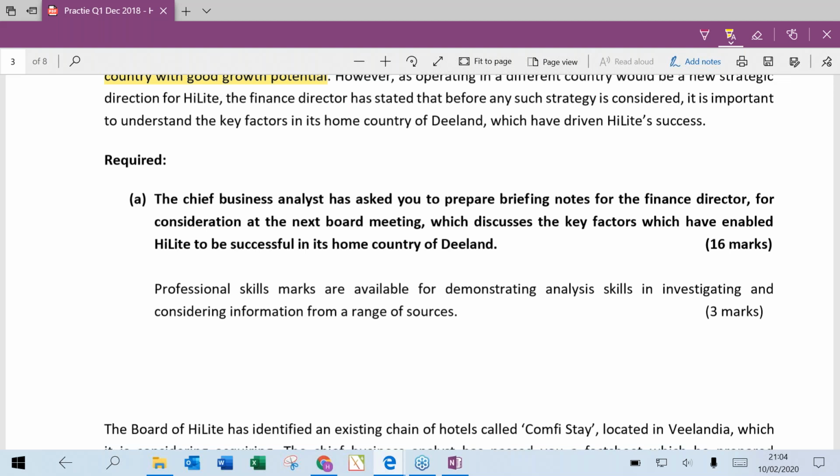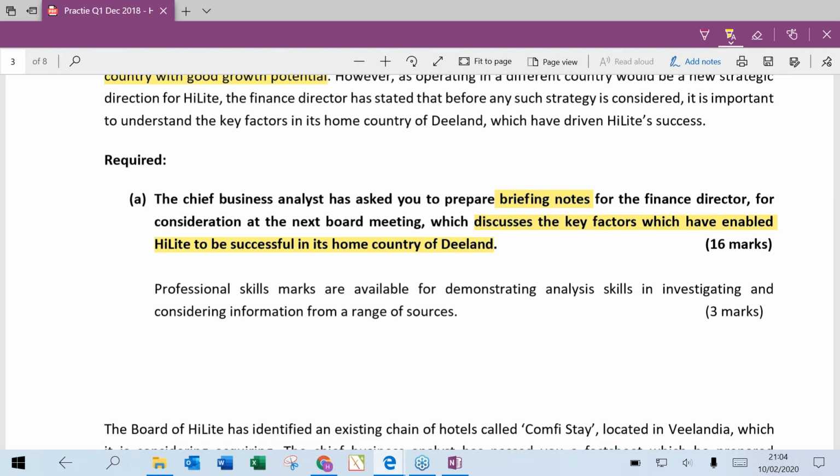What do we look at? First of all, we look at what format is required. Do you know what format is required? Briefing notes. And then what exactly are we supposed to do? Discuss the key factors which have enabled Highlight to be successful in its home country of D-land.